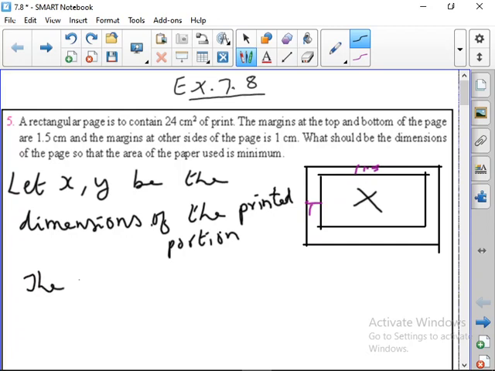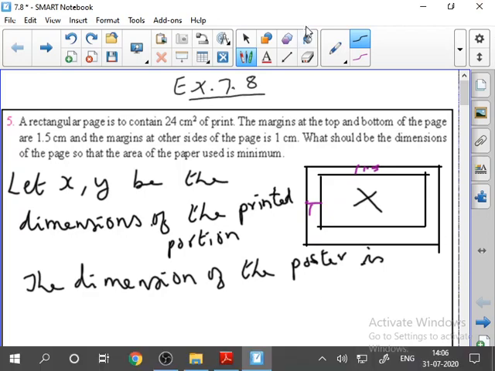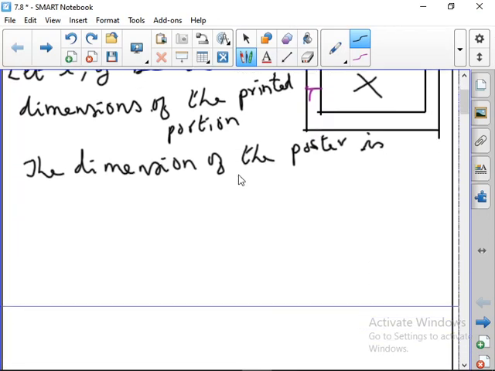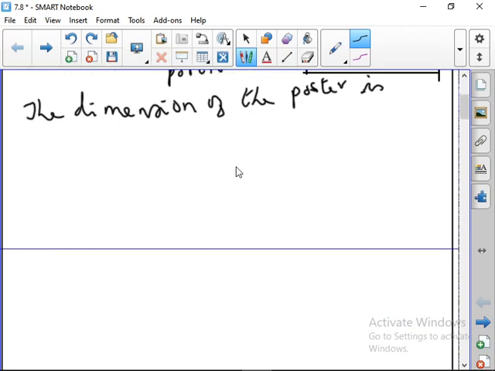The dimension of the poster is x plus 2 and y plus 3. How? It is x plus 2 and y plus 3.